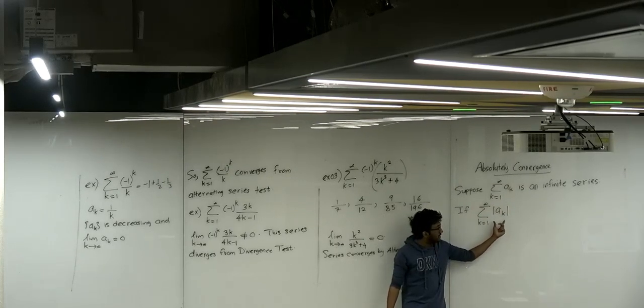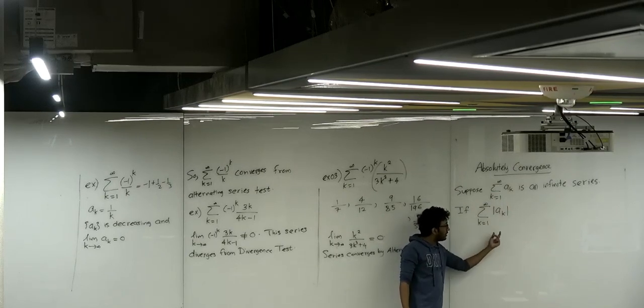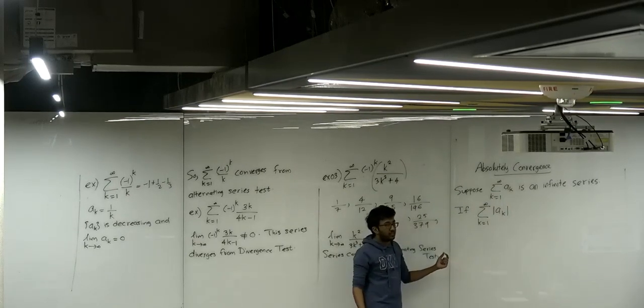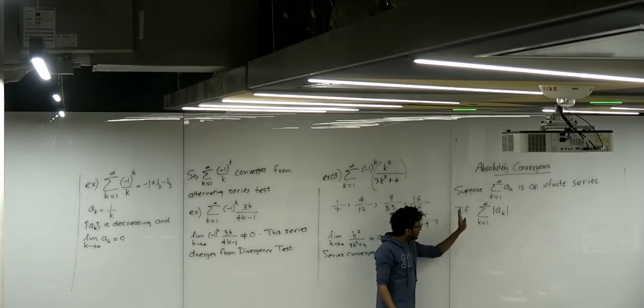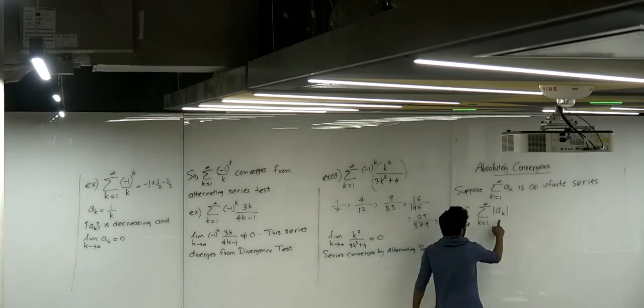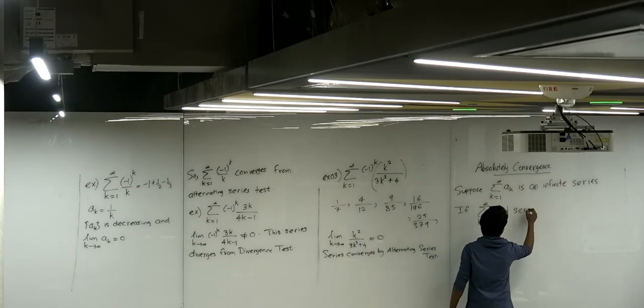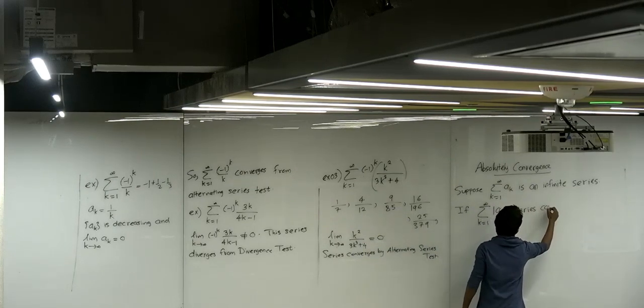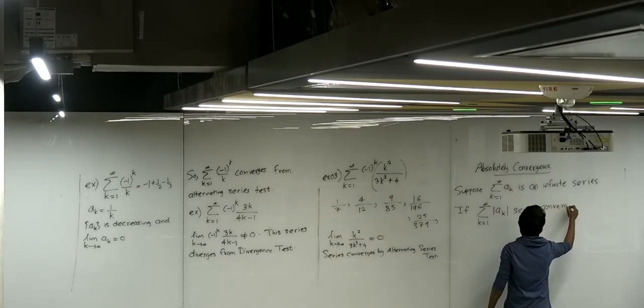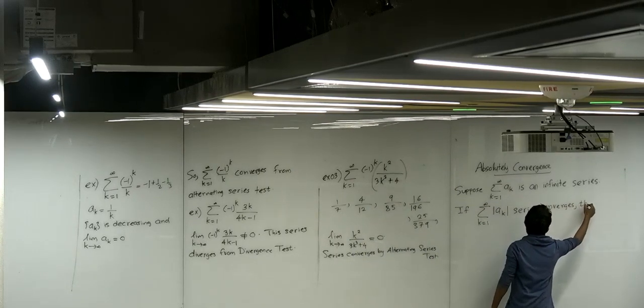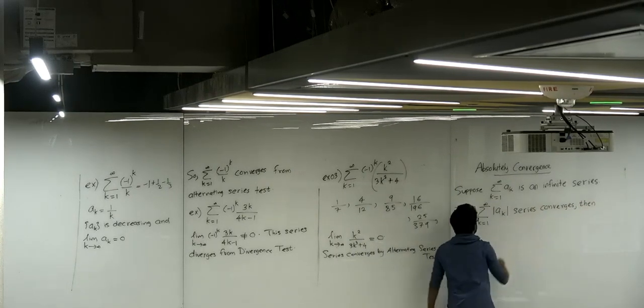This is a series that consists of positive terms, so you can apply all the tests that you learned in previous classes. Now suppose this series converges, then our original series converges.